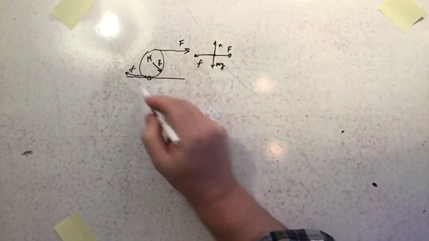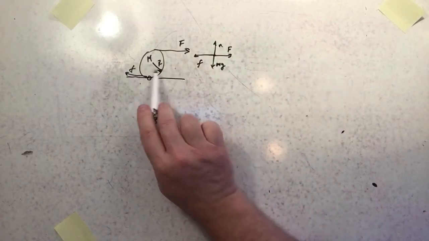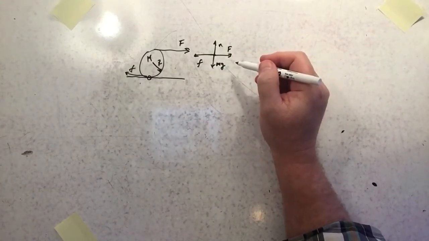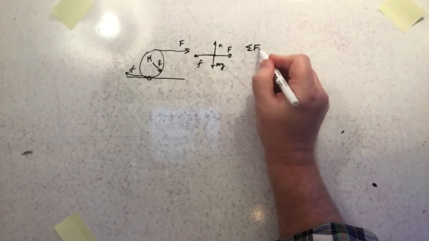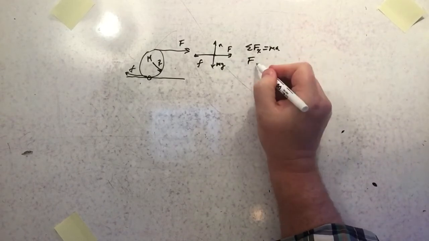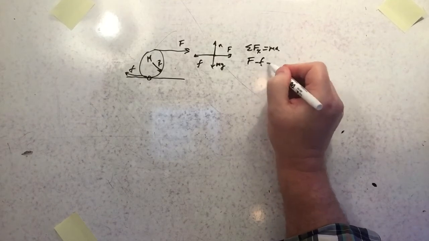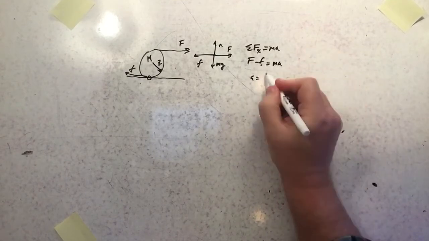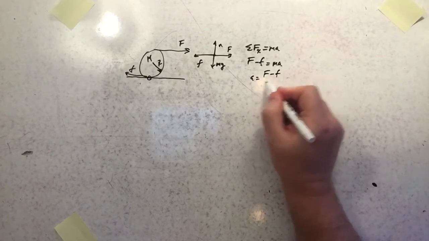I don't need to draw the shape of it because from a translational standpoint, we don't care where the forces are applied. We just care about the direction. So this is going to give me the summation of forces in the x equals ma, and that's going to be the applied force minus the frictional force equals ma, or a equals the applied force minus the frictional force over m.